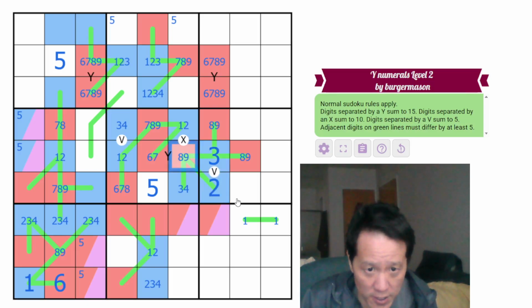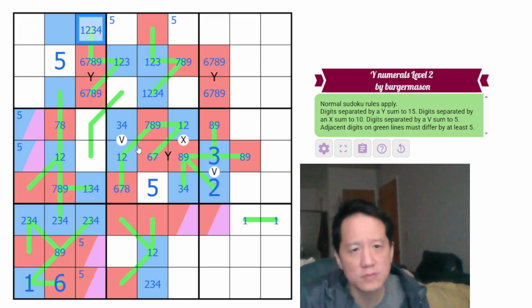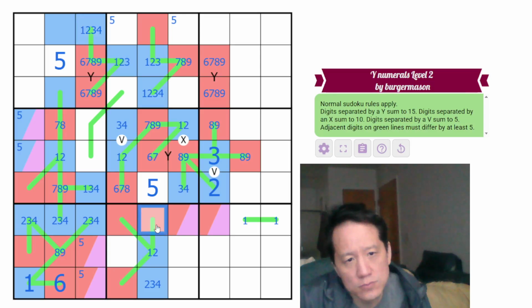So this is 8 or 9. This is 2. This cannot be 2 then. This has to be 1, 3, or 4. This could be 1 through 4 also. Six through 9, 6 through 9.